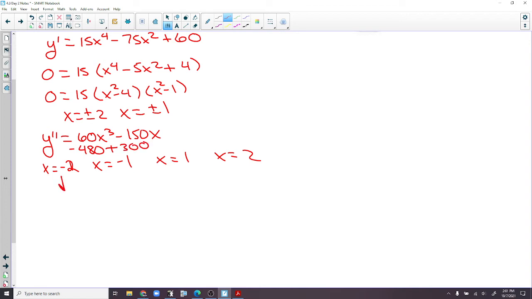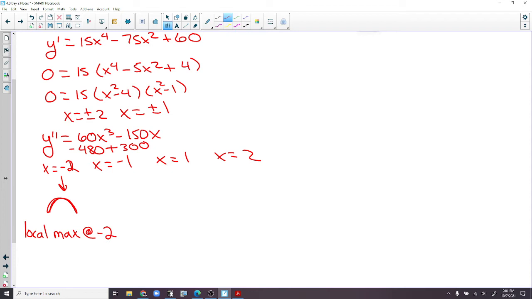So negative. It's concave down there. Well, if this is what makes the first derivative 0, that means it's a potential min or max. And if it's concave down there, then it must be a local maximum. So I know I have a local max at negative 2 for sure.